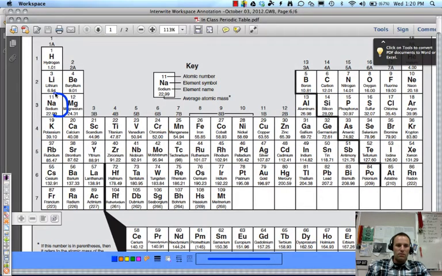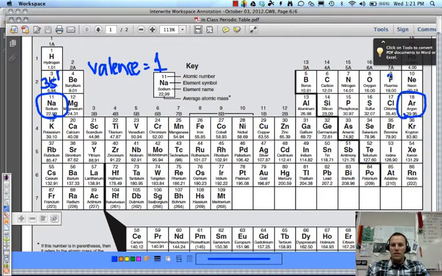Here's sodium, and its electron configuration ends in 3s1. So that means that how many valence electrons it has is 1, because the highest energy level, that's valence. Here we have argon, which ends in 3s2, 3p6.